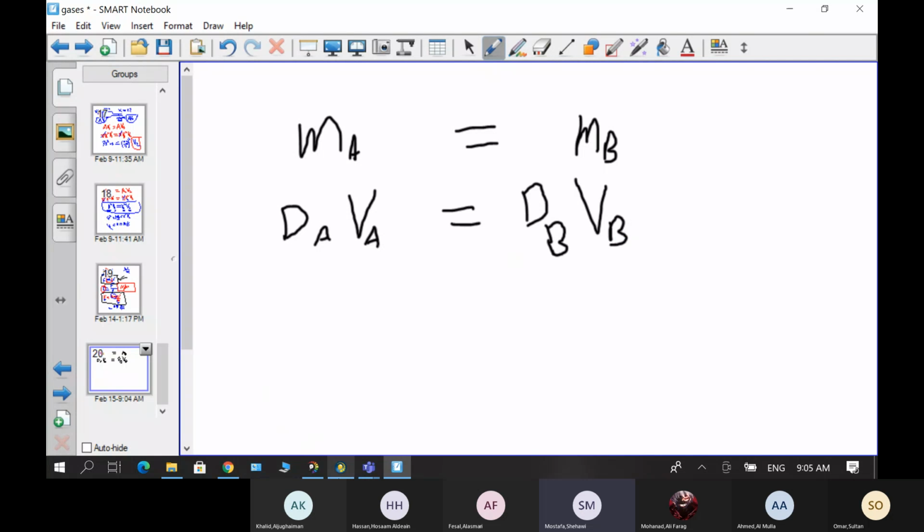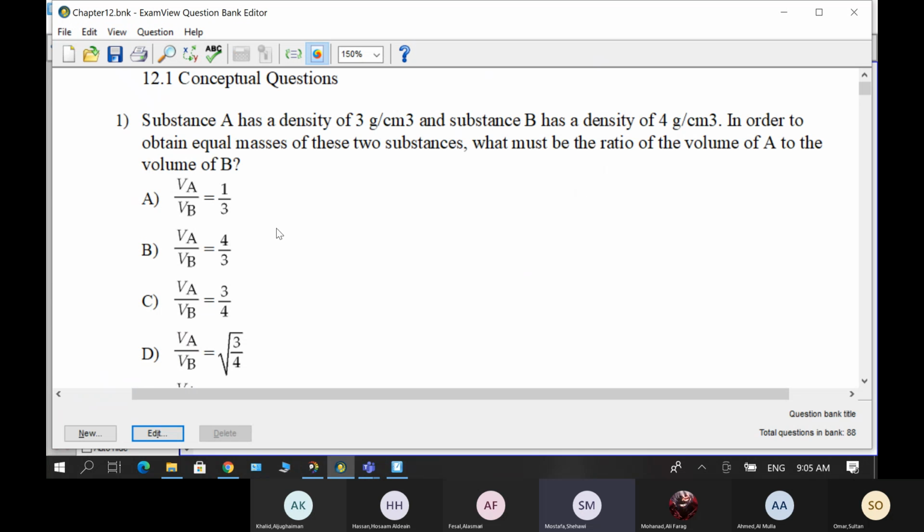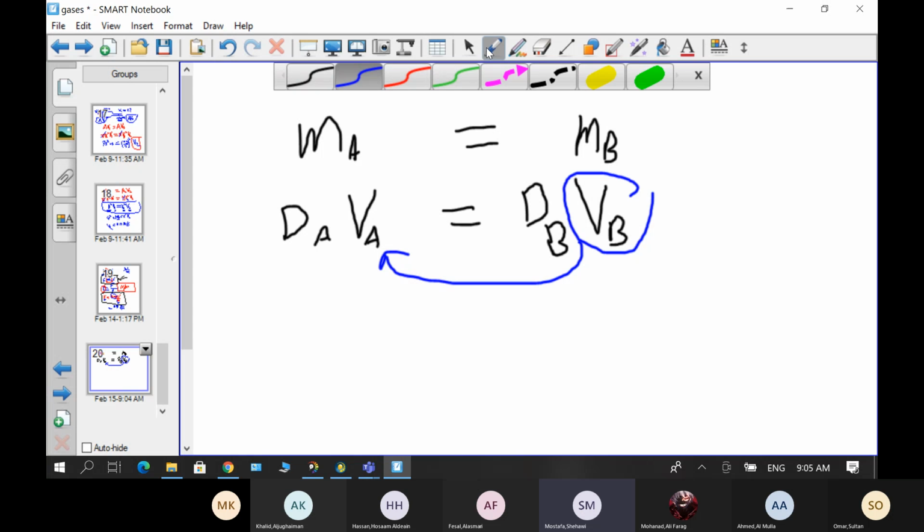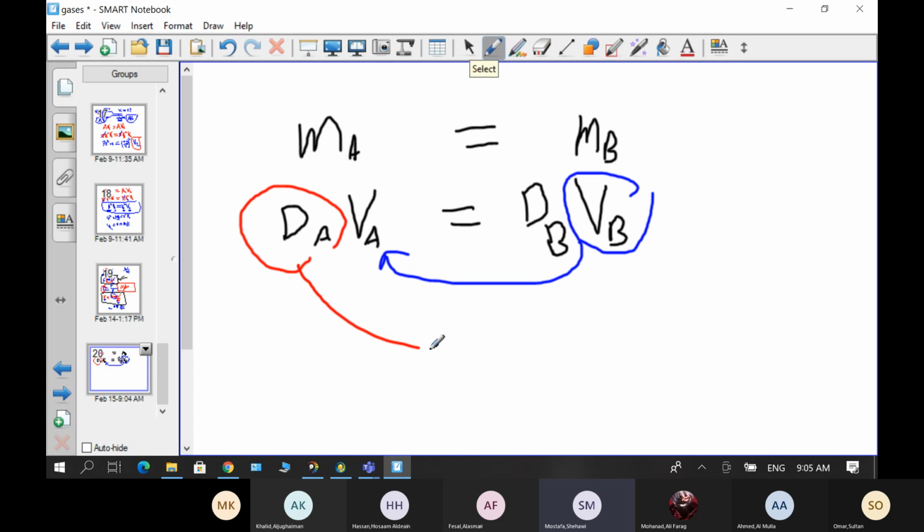So go back to the question, what exactly does he need? The ratio of volume A, he wants volume A to volume B. So I will move B to the other side, and density A will move to the other side.